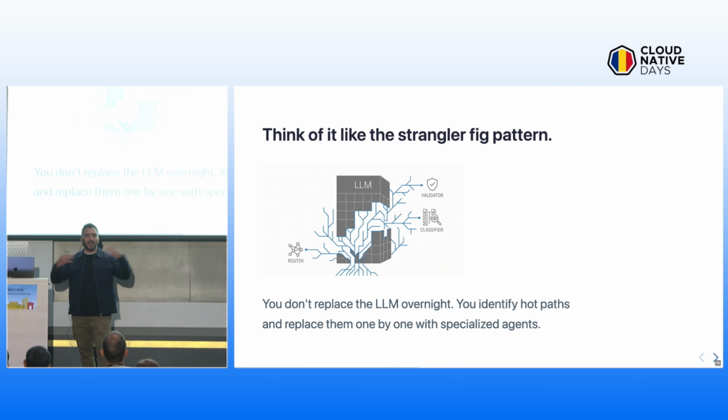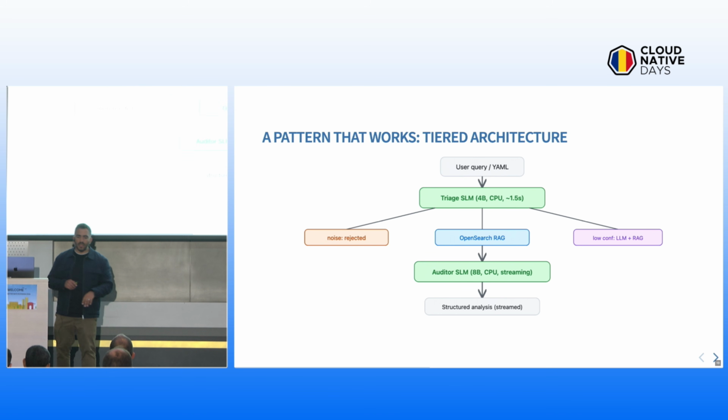So imagine that you work with an LLM. We can bring back all those patterns that we've been working with for many years now, and you can start thinking about these sections of your LLM or your AI pipeline, which are the parts that could be a good fit for an SLM. And then you basically start replacing parts of it, implementing the strangler pattern as I'm showing you here in the picture. So a pattern that works is a tiered architecture.